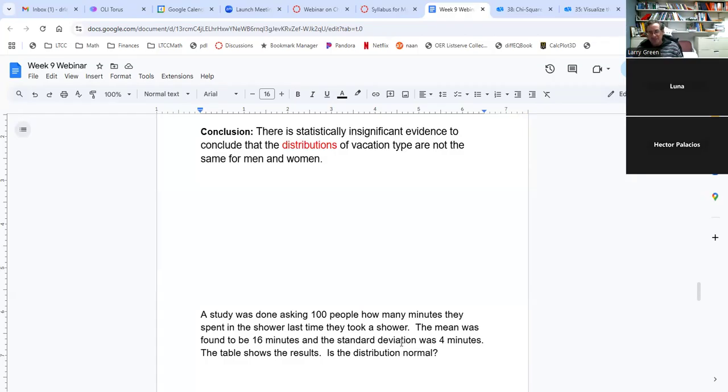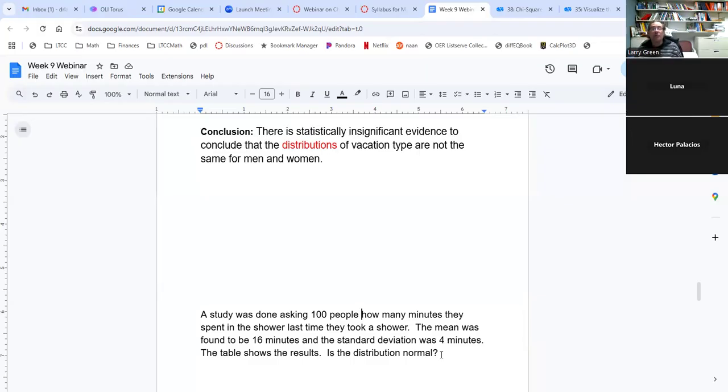Okay, so you spent 25. I spent about 14. Everyone spends a different amount. Some people spend 3. The mean was found to be 16 minutes and the standard deviation was 4 minutes. The table shows results.